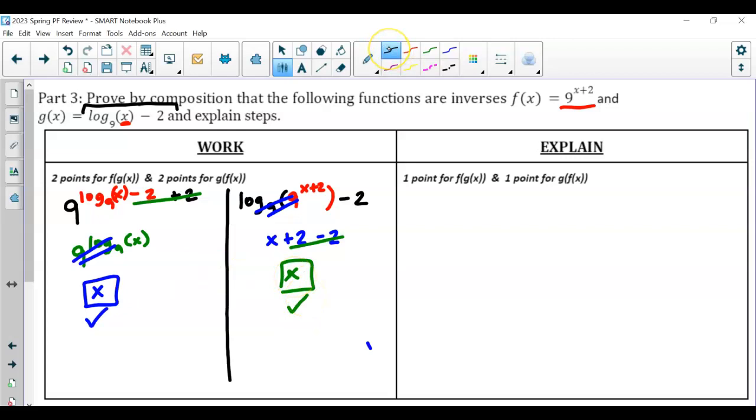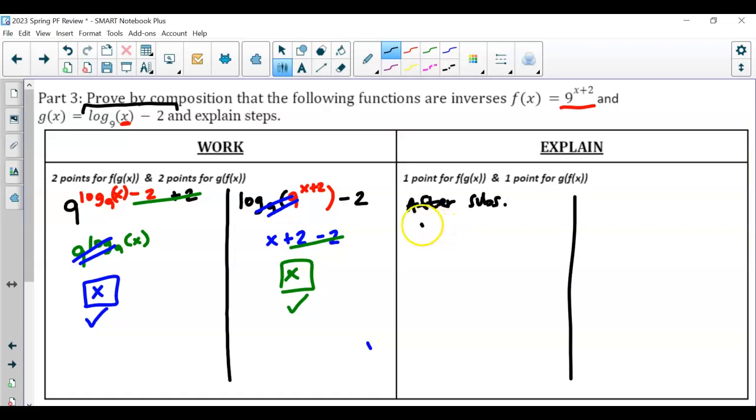So again, your explanation for the first, right? So here you are able to, so again, how could you explain? Well, after plugging one into the other, right? So after substituting one function into the other, after substitution, you were able to start eliminating, right? What did you eliminate?